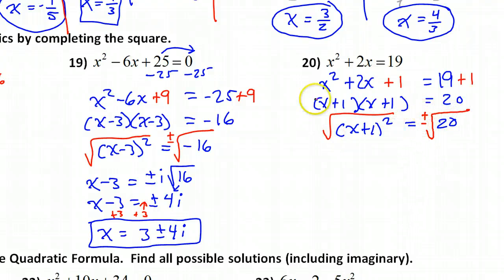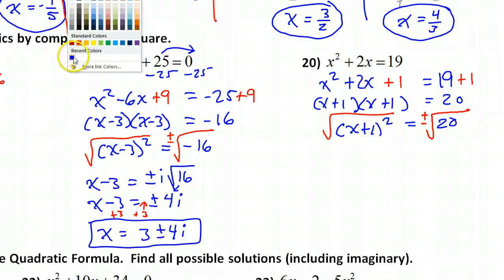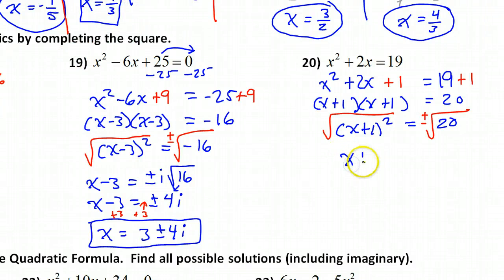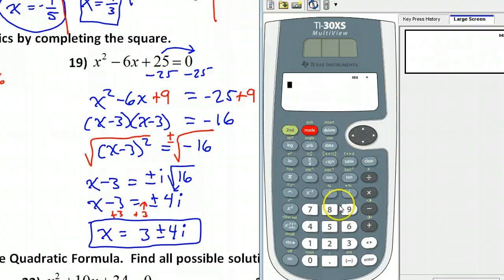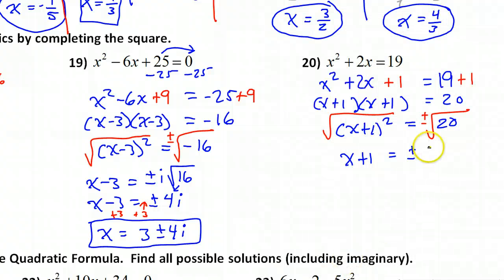Plus or minus. So that is going to give me x plus 1 is equal to plus or minus. Now, square root of 20, if you put it in your calculator, I mean, I can do it in my head because I'm cool like that. Square root of 20 is 2 root 5.